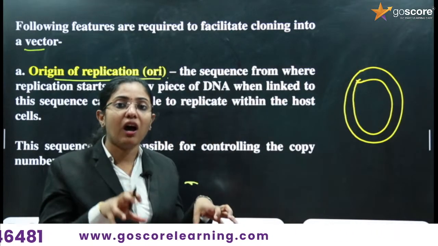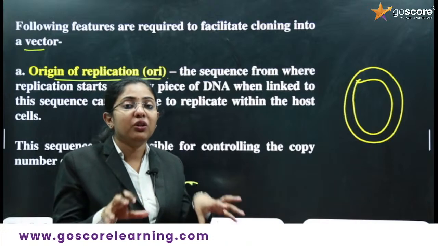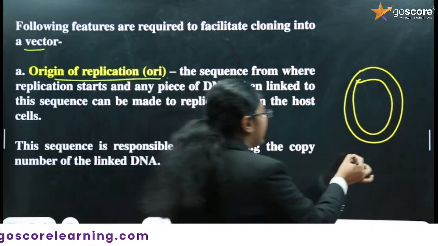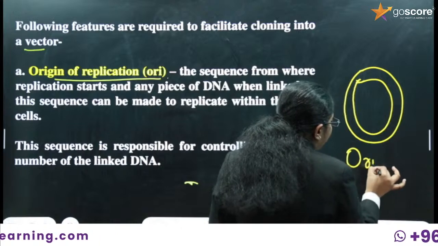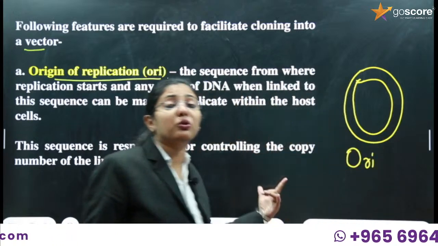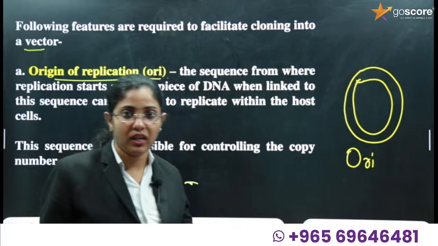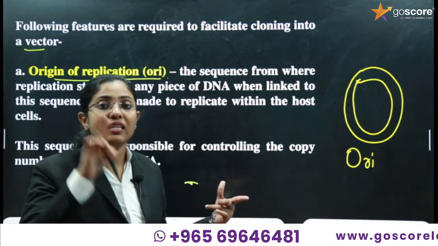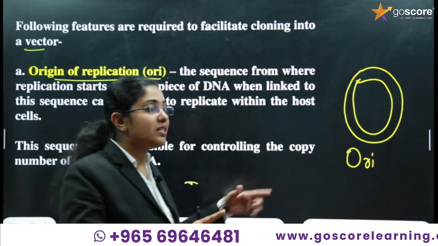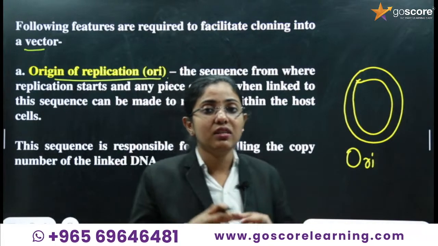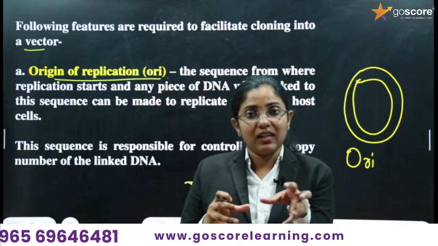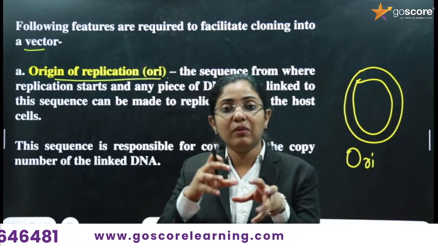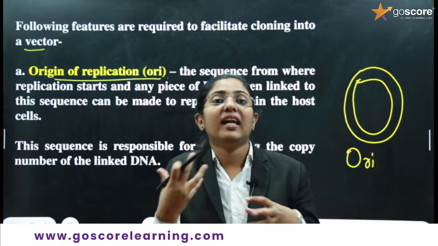The replication has to start only at a particular region known as the ori region, that is origin of replication. Ori region means origin of replication, where replication starts. Then only, I have told you we are integrating the genes in the plasmid, right? So the plasmid has an ori region. That ori region will help the plasmid to replicate again and again.